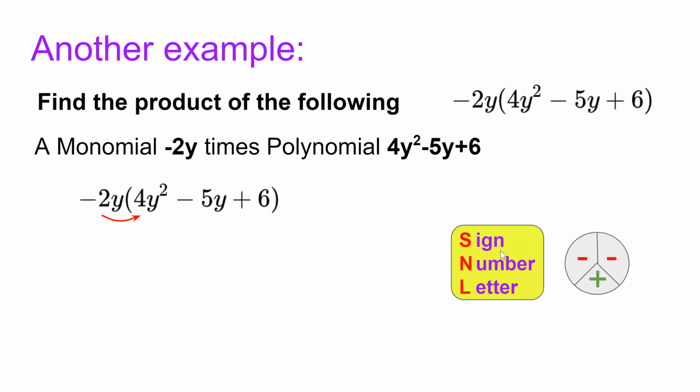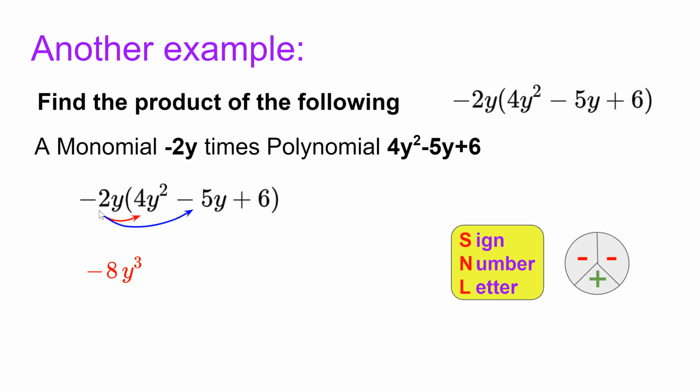So you worry about the sign first. Negative times a positive would result in a negative number. The number 2 times 4 would result in 8. Y times y squared, that's a letter, so you have y and y squared, and that will give you a cube of y, or y to the power 3. So we're done with the first term.